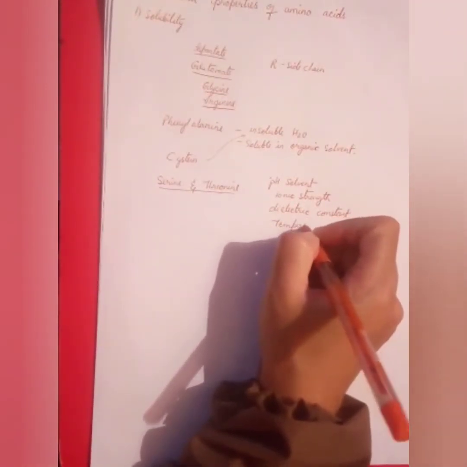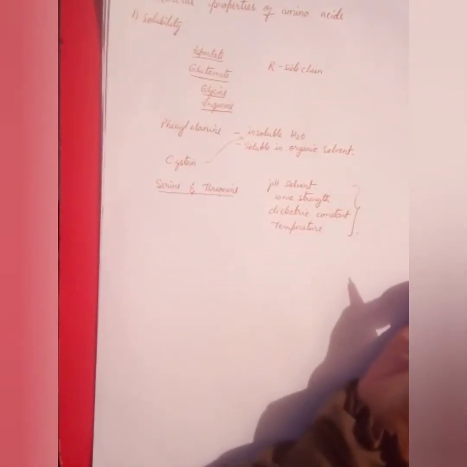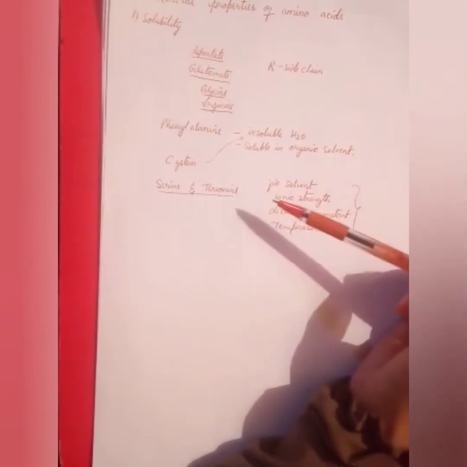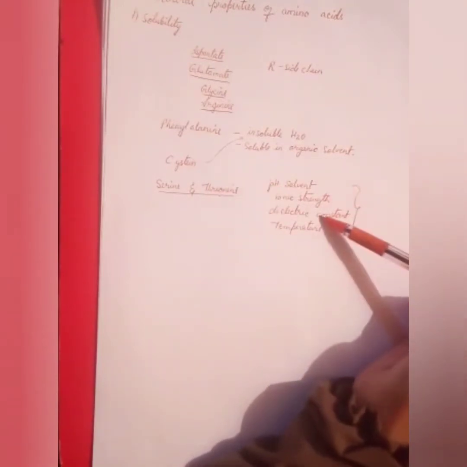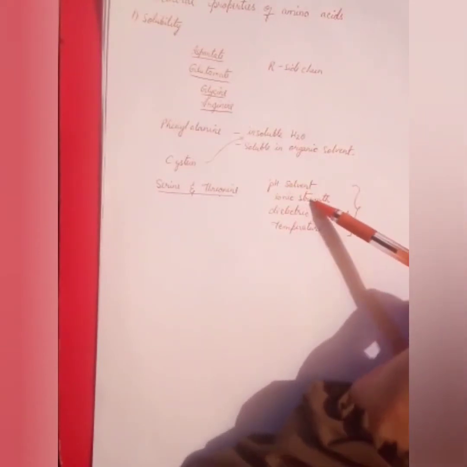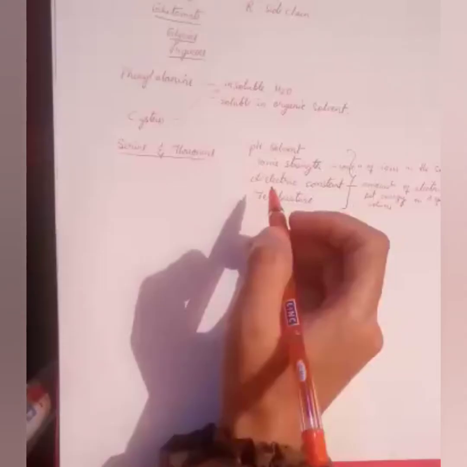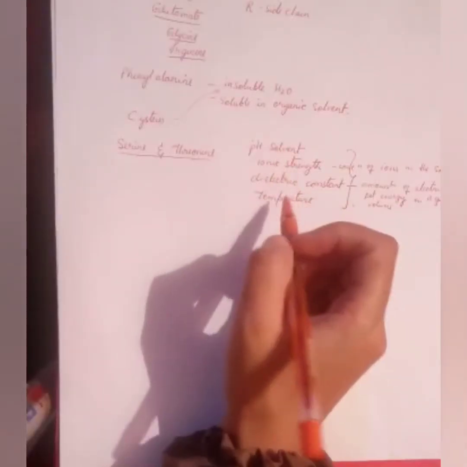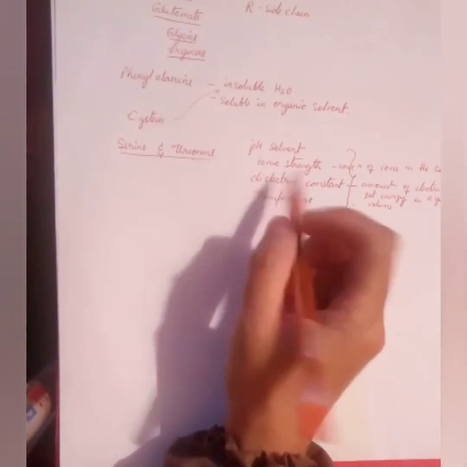So these are the four important factors which affect the solubility of amino acids.